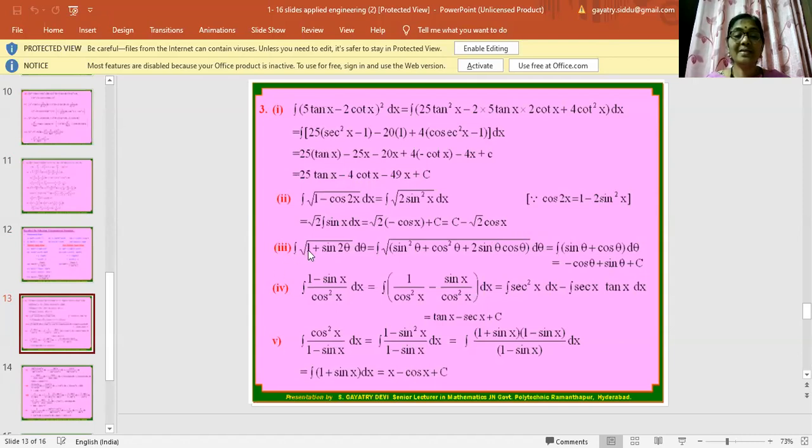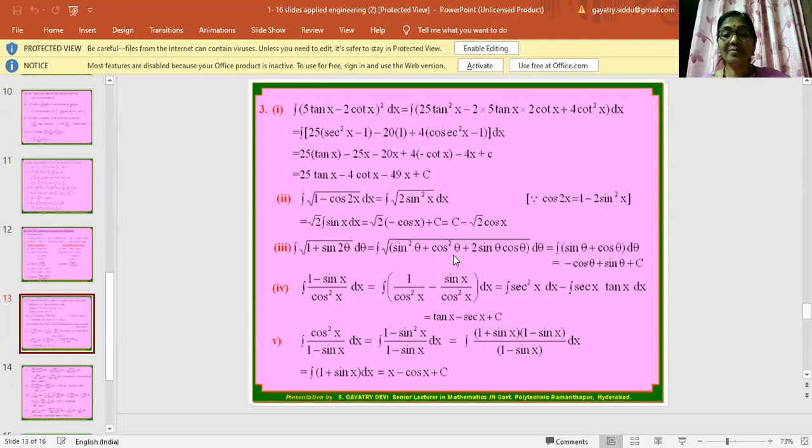Next, root of 1 plus sine 2 theta, integration with respect to theta is required. 1 plus sine 2 theta, because cos multiple angle form is having 3 options, whereas sine is having only one option, that is 2 sine theta into cos theta. So thinking of this only one option, we are trying to use this 1 as sin square plus cos square.